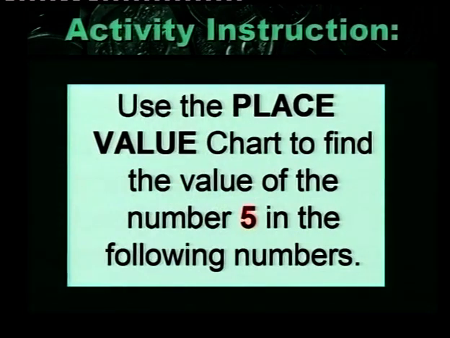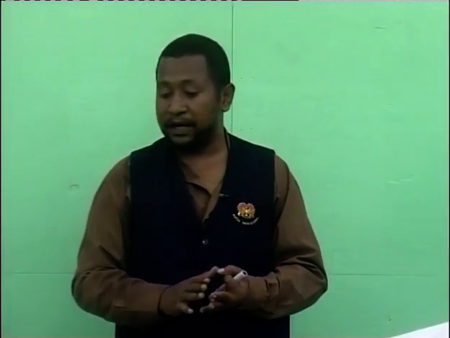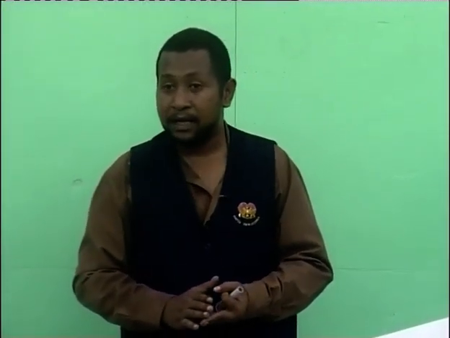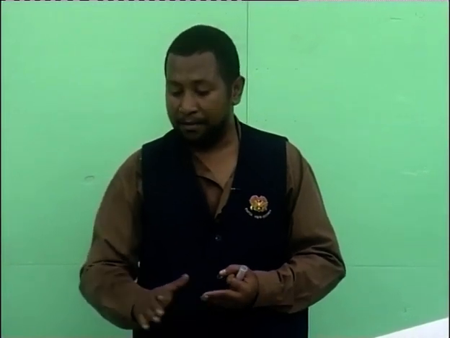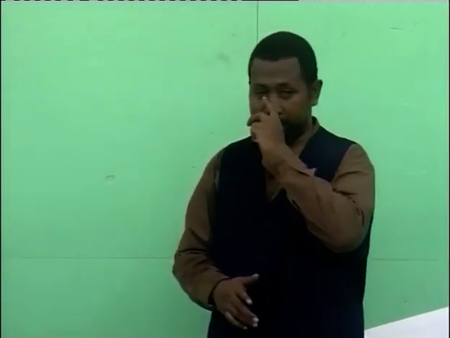Now, in your small groups, receiving students, I would like you to draw up a place value chart, and you place the numbers that I will tell you right now. Remember, you are going to use your place value chart to find the value of what number? Number 5 in the following numbers.